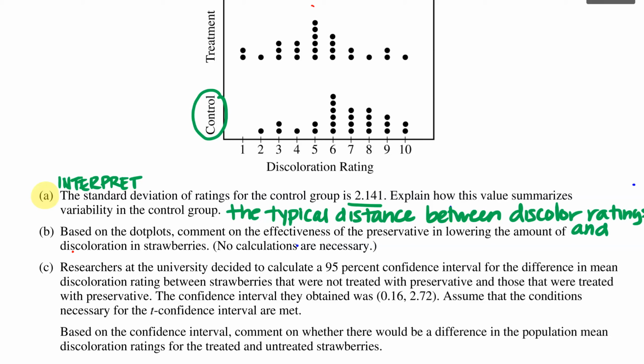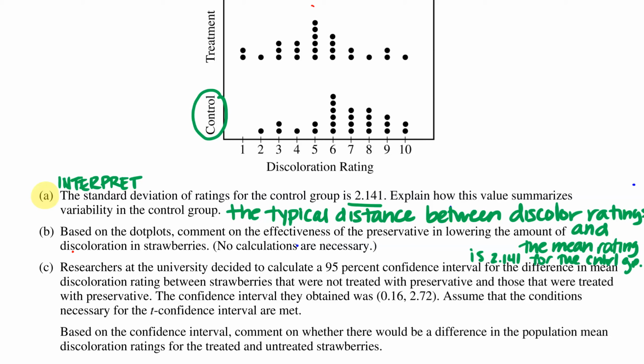And this is how much they differ from average, right? And the mean discoloration rating is 2.141 for the control group. I can't fit all of this, so I'm just making up little things.